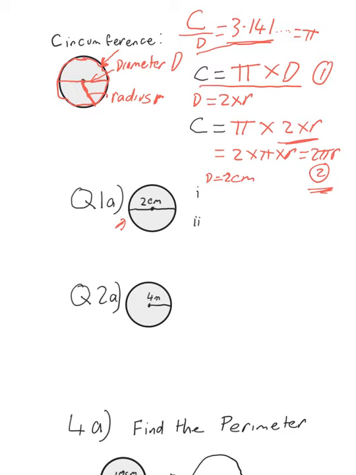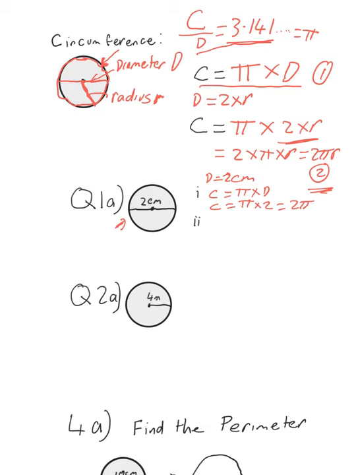In part 1 we just give the answer in terms of pi. C equals pi times D, which is pi times 2, so 2 pi. That's all we have to say; we don't have to give an exact measurement.